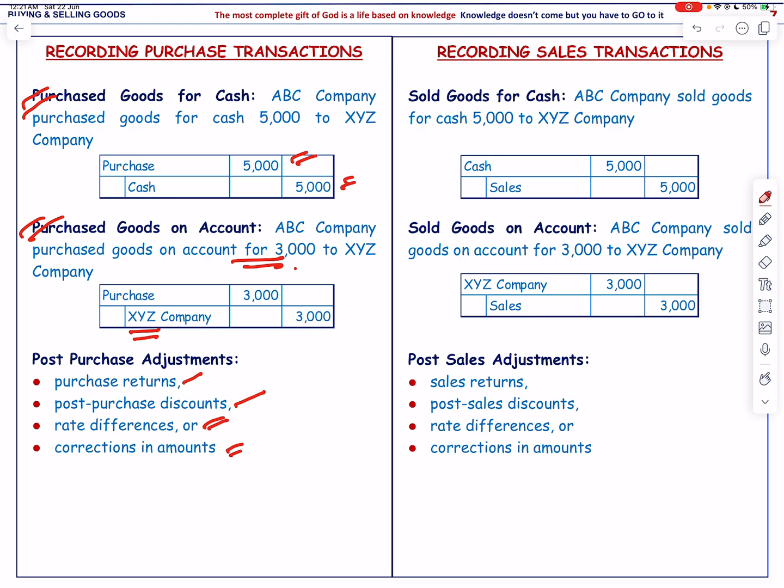In the context of purchases, the responsibility of issuing a debit or credit note rests with the supplier, subject to specific conditions. Therefore, in the case of purchase made by ABC company, XYZ company would be required to issue the debit or credit note if any of these events occur.